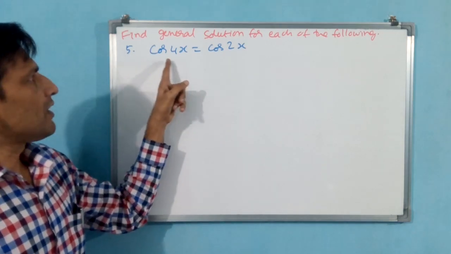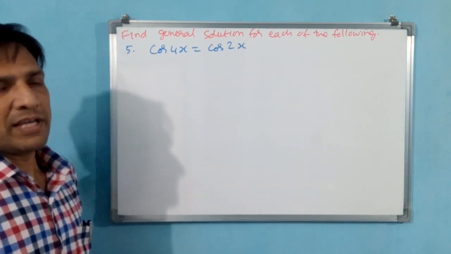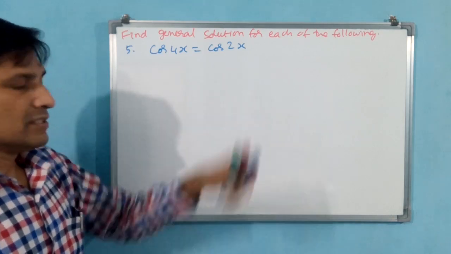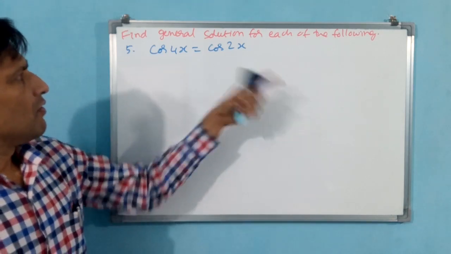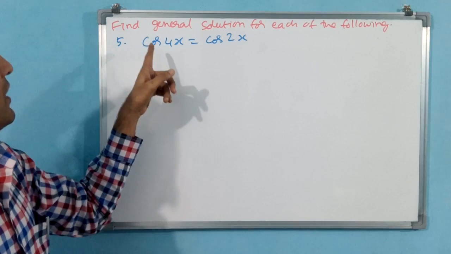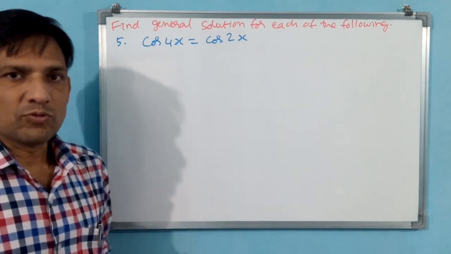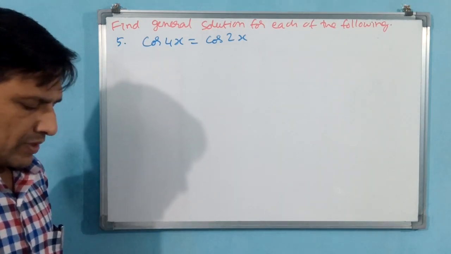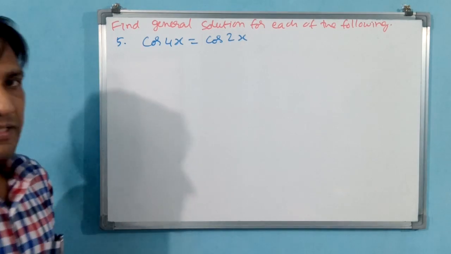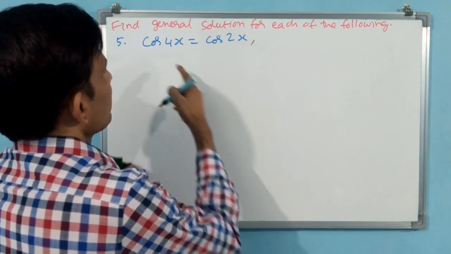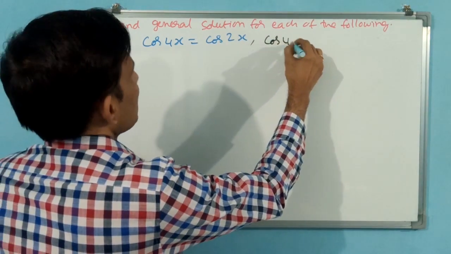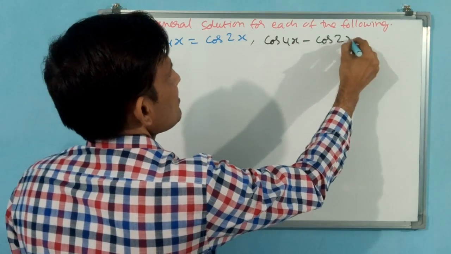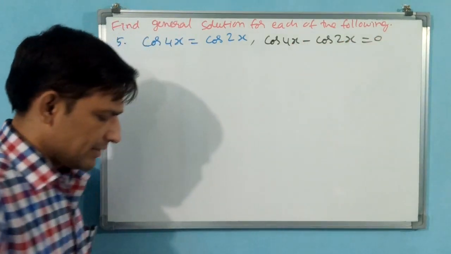The fifth question is cos 4x is equal to cos 2x. This is a trigonometric equation only. But I am converting this equation. I am writing it like this: cos 4x minus cos 2x is equal to 0. Is it correct?